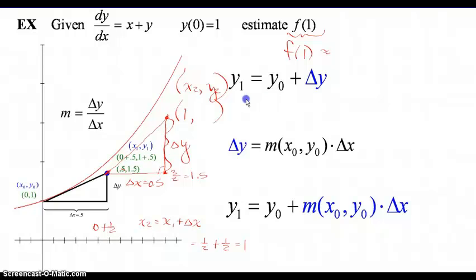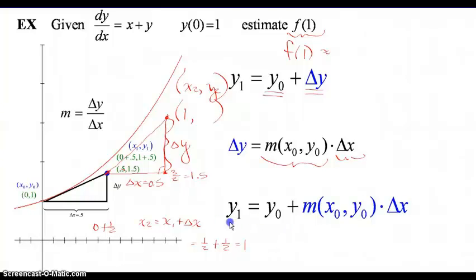So this is how we found y sub 1. Remember, we said on the last slide that the next y output is the previous y output plus that vertical change. And the vertical change was the slope, the derivative, times a change in x. And that's based on this relationship right here.